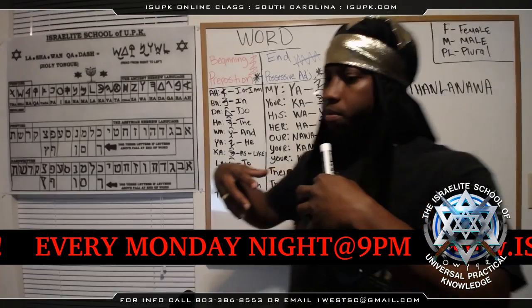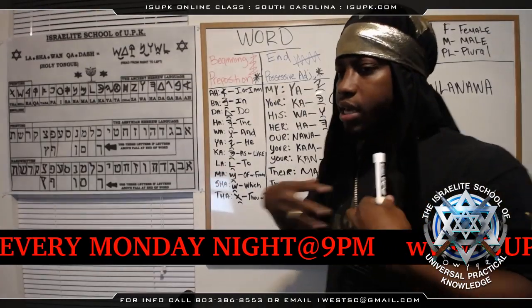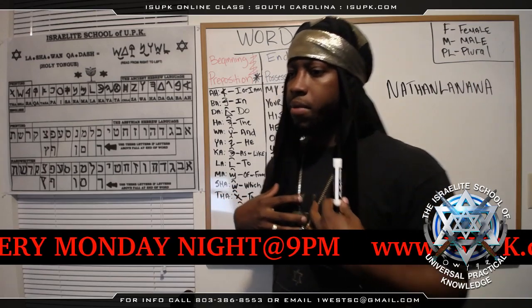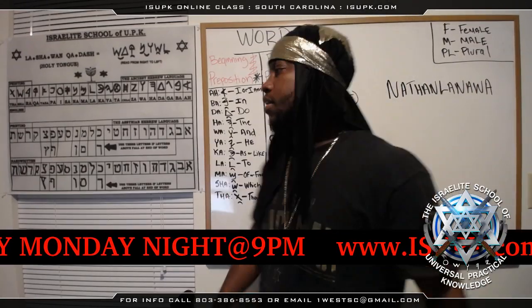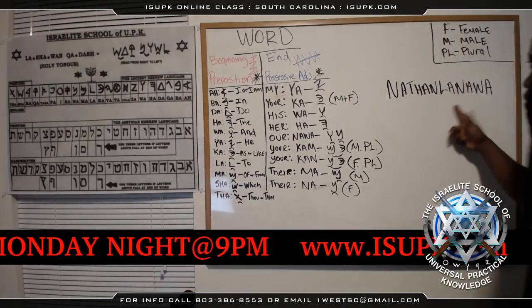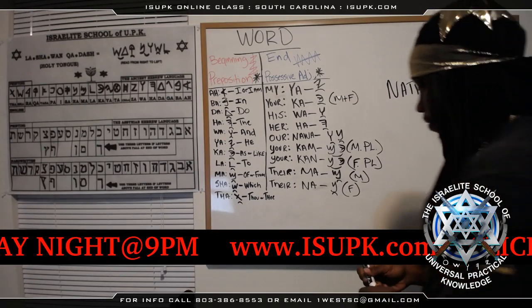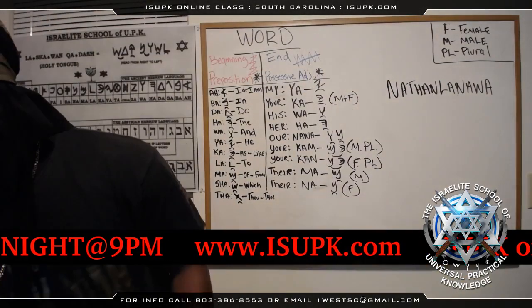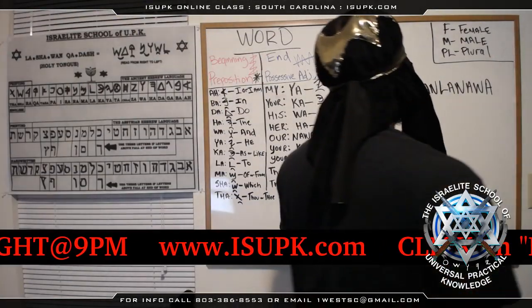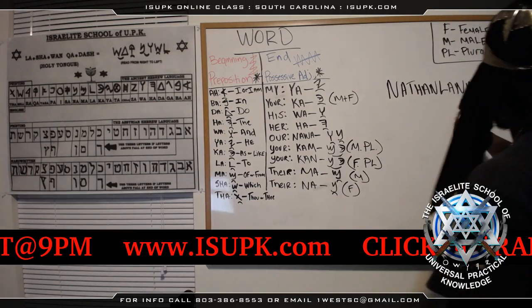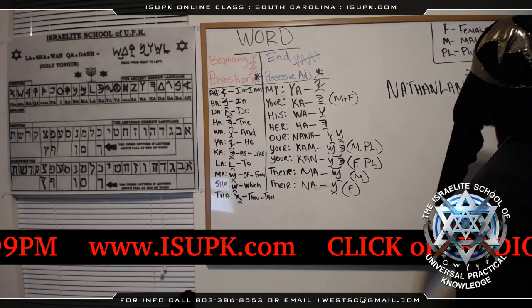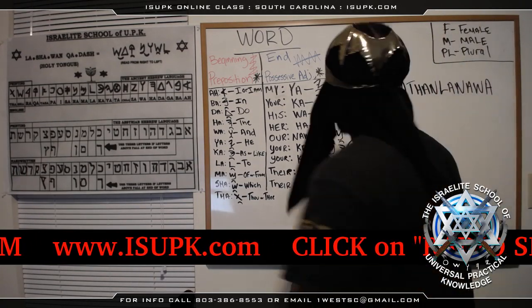This is we the people, we are good. This is us. Now, Nathan Lanawa, so give to us. This is what it means. Nathan means give. Nathan Lanawa, give us. So this would be us.